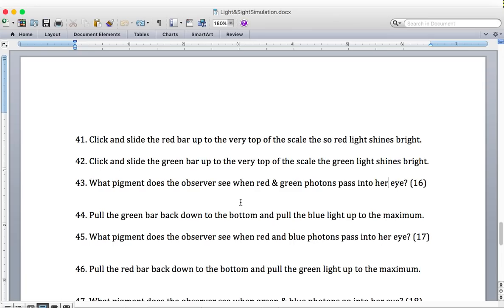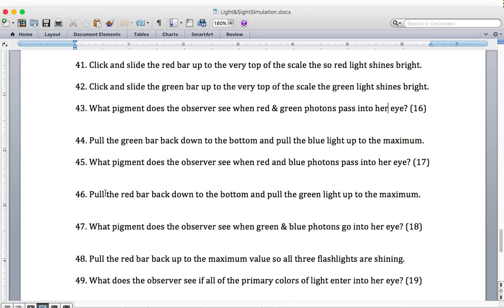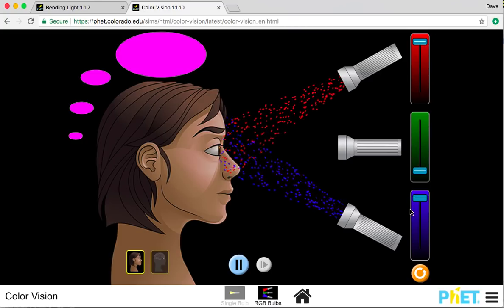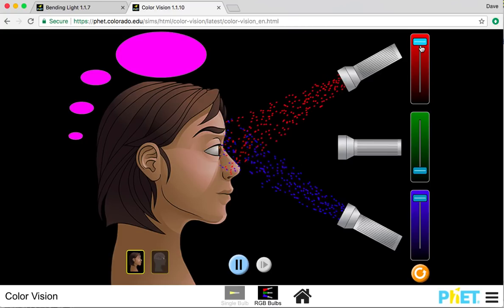Okay, next step. Pull the red bar back down to the bottom, pull the green light back up to the maximum. What pigment or secondary color does the observer see when green and blue photons go into her eye? So this is a word that I didn't know until I was teaching this class.